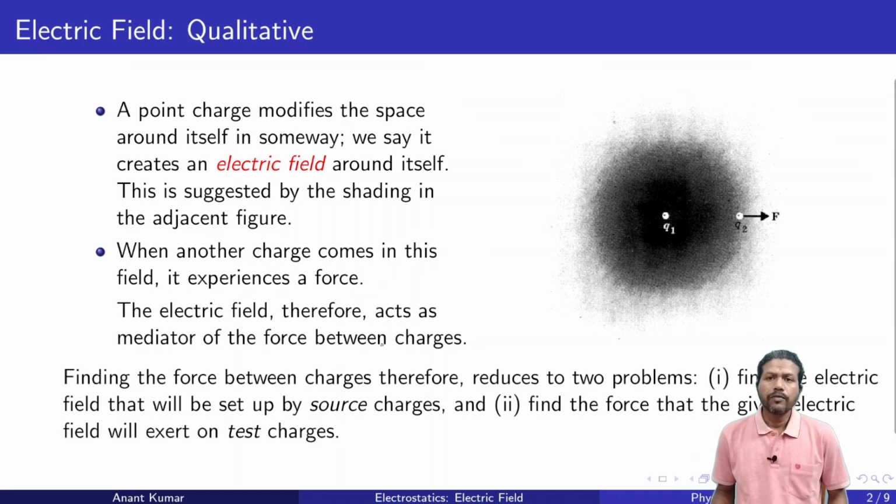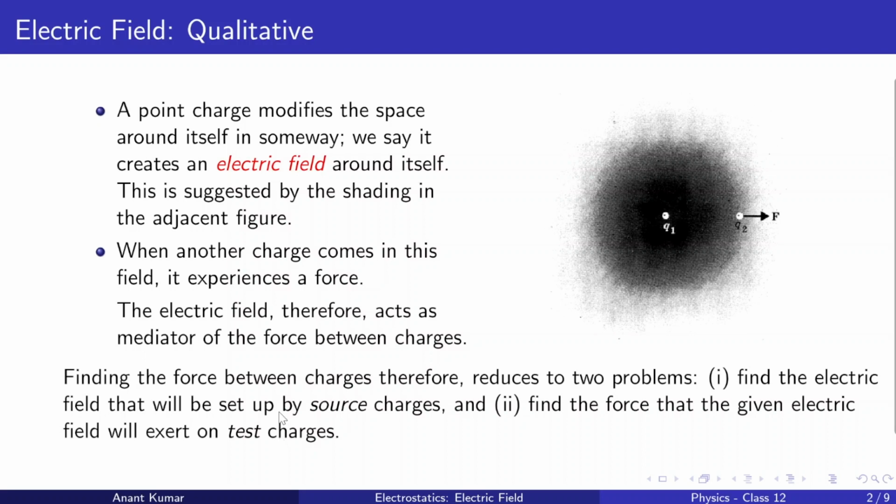Now that means, therefore, that finding the force between two charges reduces to two problems. The first task is to find the electric field of the source charges, and the second part is to find the force given the electric field, which will exert the force on a test charge.